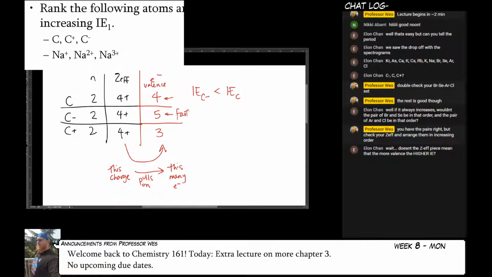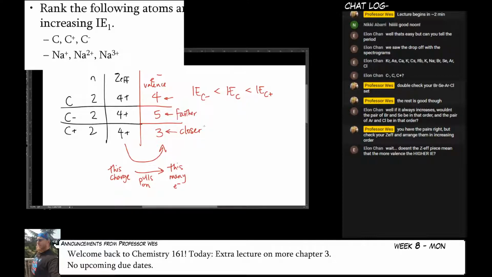We'll actually write that down. Now in this case, there are this many effective protons pulling on 3 electrons. So these are going to be closer to the nucleus. So it's going to be harder for us to remove that electron. And so there's the ranking for that one.